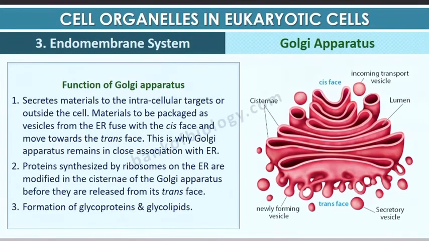And proteins synthesized by ribosomes on the endoplasmic reticulum are modified in the cisternae of the Golgi apparatus before they are released from its trans phase. So basically it is the conversion of proteins. That is the main thing. And it helps in the formation of glycoproteins and glycolipids. Along with that, of course, the Golgi apparatus is known for throwing out waste materials.